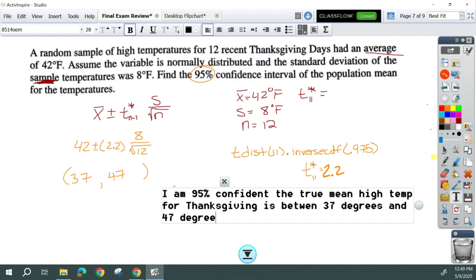Always saying how confident we were, what parameter we're confident about. Is it a mean or a proportion, which is the next lesson or the next review. Give the context, the average what or the proportion of what, and then give your interval. So one little sentence right there.